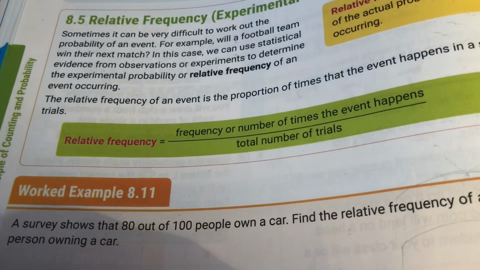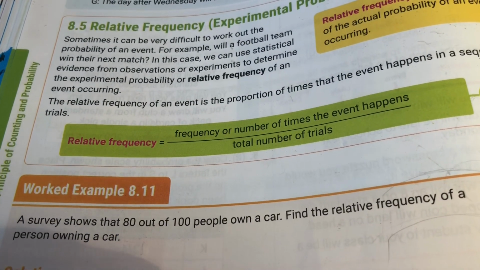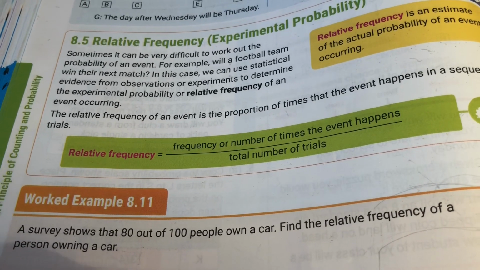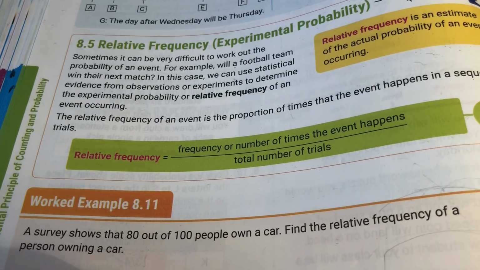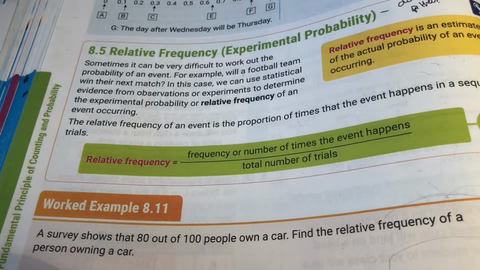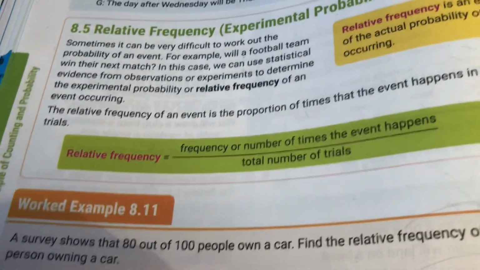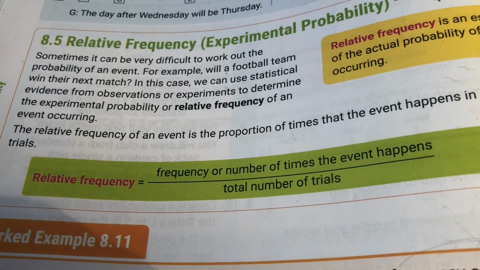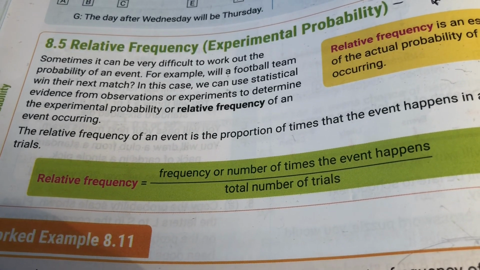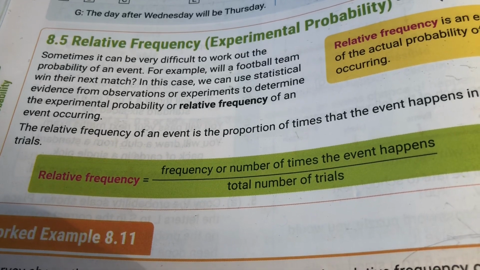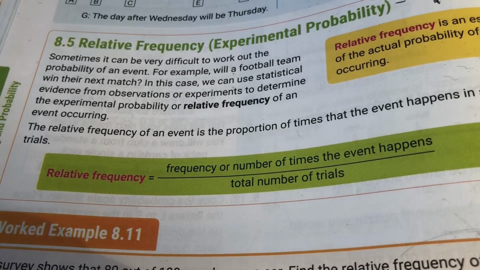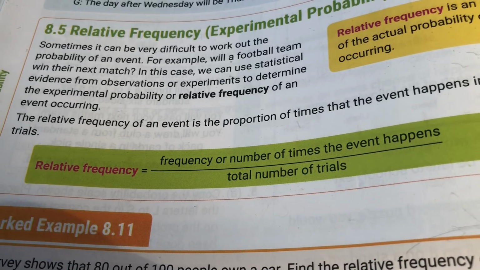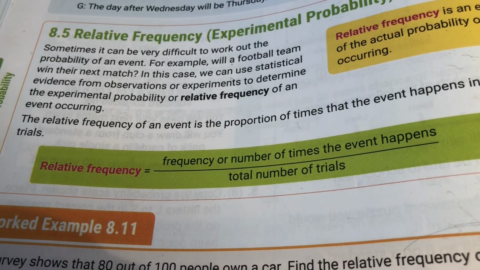A survey shows that 80 out of 100 people own a car. Find the relative frequency of a person owning a car. So the first thing that we would do in an exam would be to write down the formula for finding relative frequency, and that shows the examiner that we know what is required for this type of question, and even if all the calculations went wrong later on, we would get some attempt marks for knowing the correct formula.